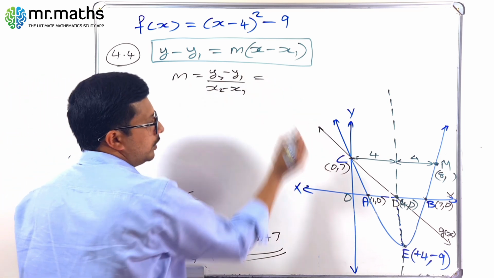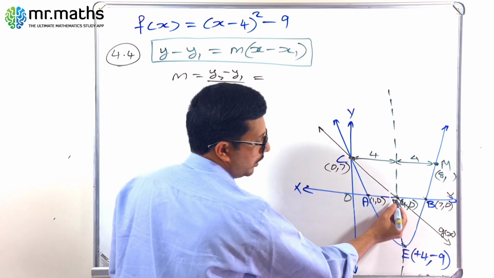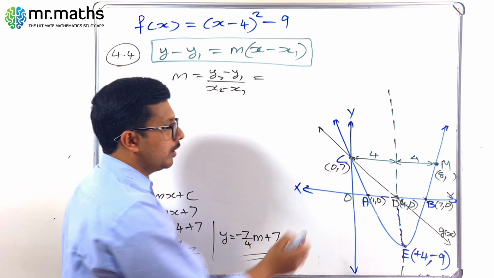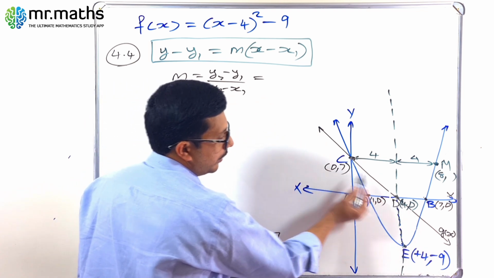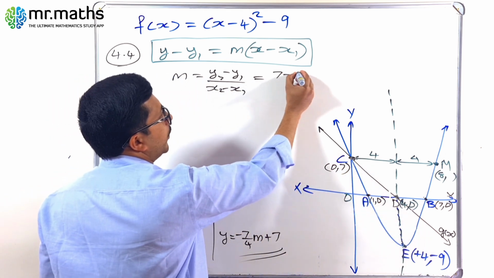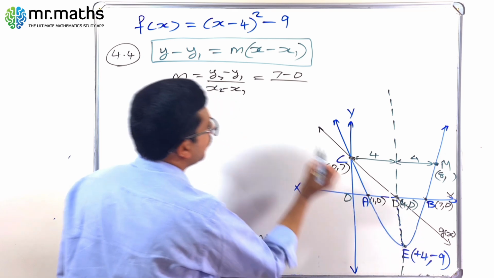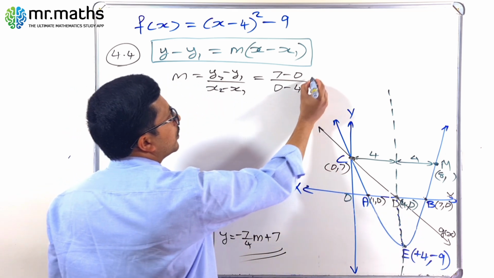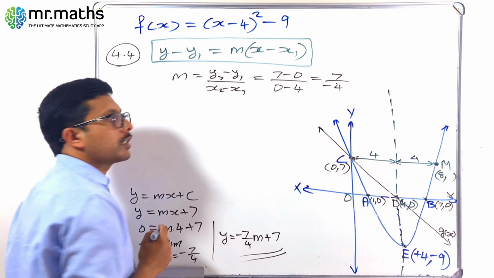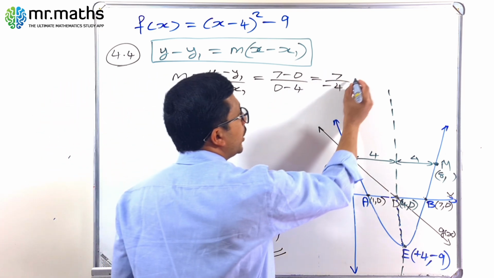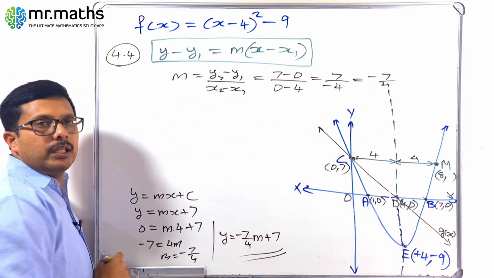We know these 2 points: here it is 0 comma 7 and here it is 4 comma 0, C and D. So y2 minus y1, let's say 7 minus 0, divided by x2 minus x1, 0 minus 4. So 7 minus 0 is 7, 0 minus 4 is minus 4. That is the same as minus 7 over 4. So the gradient is that one.